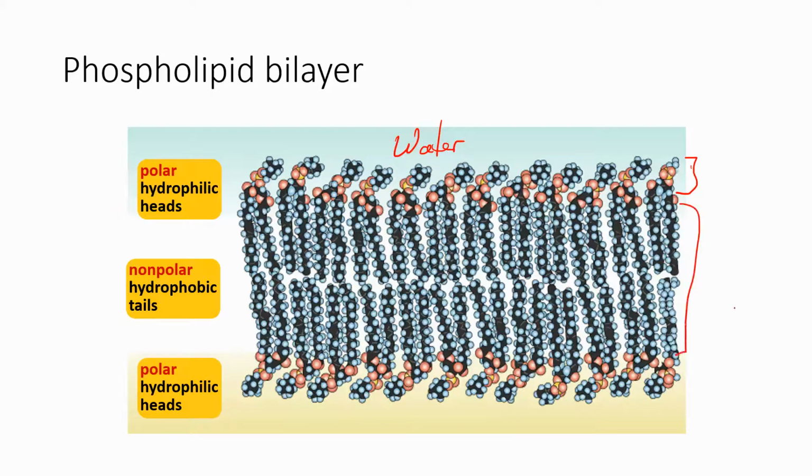Here we have the nonpolar tails of two sets of phospholipids facing each other, and then here we have another set of polar heads facing water. So anything that is highly polar will not be able to get through this membrane. Anything that is too large and can't physically fit in the spaces between those phospholipids is also not going to fit.